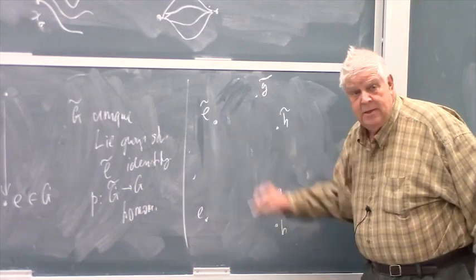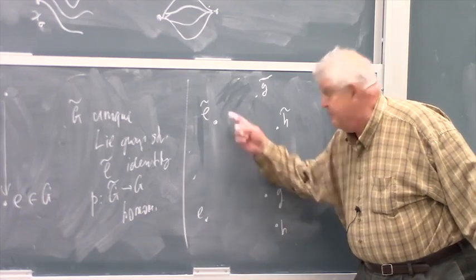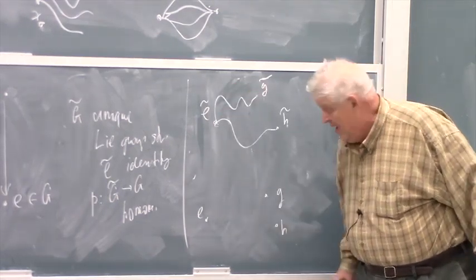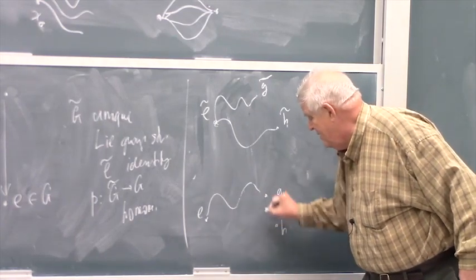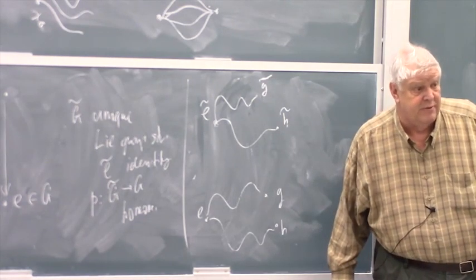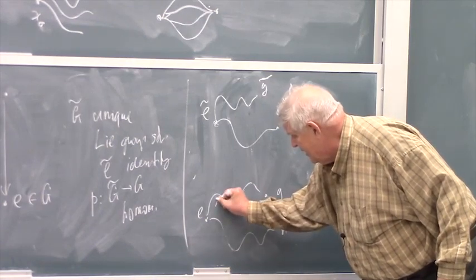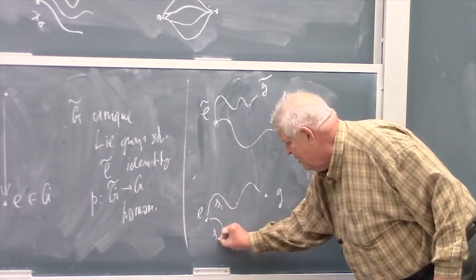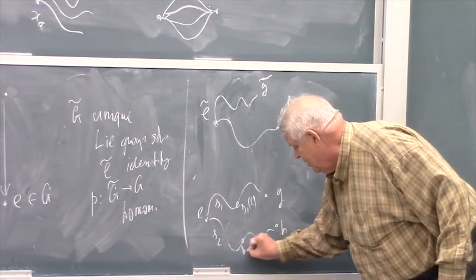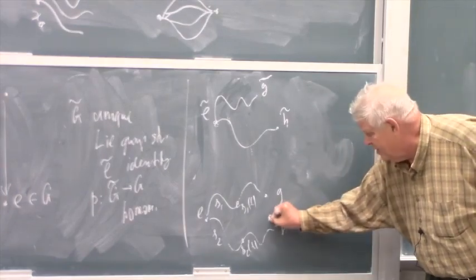Then I choose paths. You remember my both spaces actually are path connected. This is path connected, so there are paths. I choose them. And also project them. Path actually is a parameterized curve. So this path is, say, S1, S2. This is S1 of T, this is S2 of T, and this is a group. So I can take the product of these two.